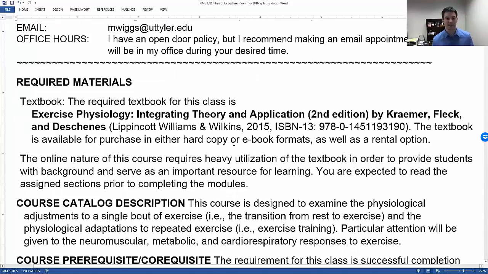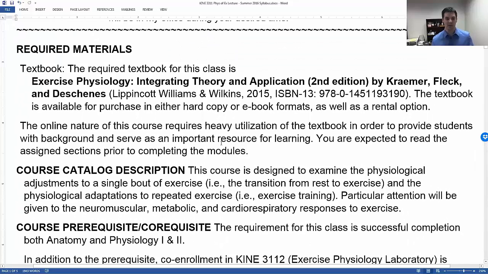So what are we going to use for this course? The required textbook that we're going to use for this class is called Exercise Physiology: Integrating Theory and Application. It's the 2nd edition. It's written by a very well-known exercise physiologist, Bill Kramer, who was at the University of Connecticut, and that's where he's most known.